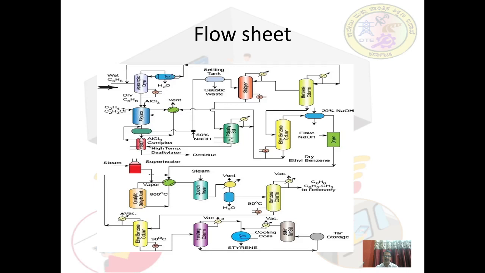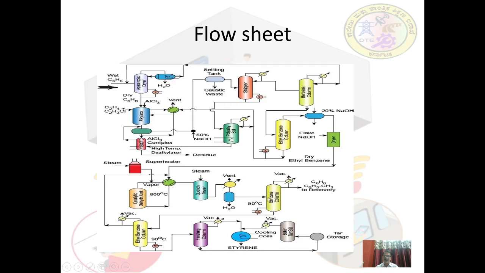There the ethyl benzene is subjected to the dehydrogenation process at a temperature of 800 degrees centigrade, and after dehydrogenation the product is passed into a quench tower to reduce the temperature, and then it is separated from water which is formed there.